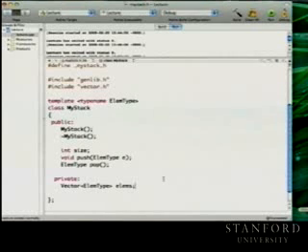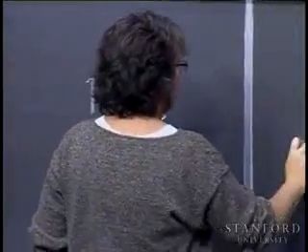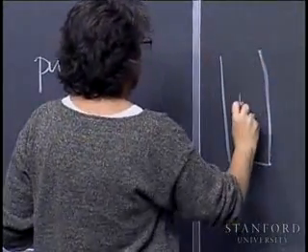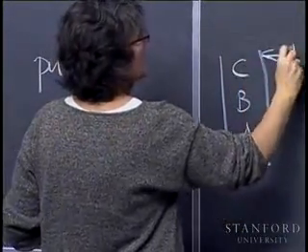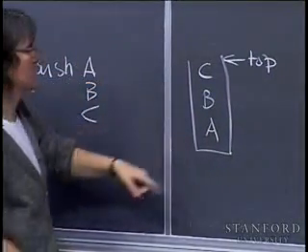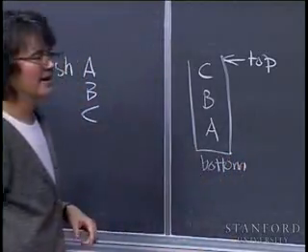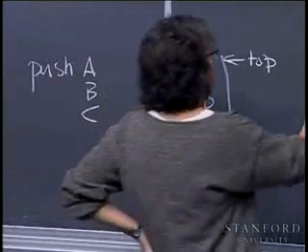So if I'm going to put a stack's contents into an array, and I were going to push A, then B, then C, the stack that I want to have would look like this. There's the top of the stack up here, where C is the last thing on. The bottom of the stack is down here with the first thing I pushed on, which is A. I could put this in an array.